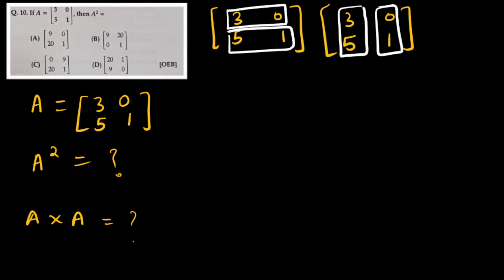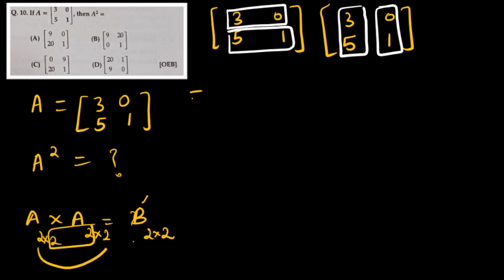Here if you see their order, A's order is 2 by 2, again 2 by 2, so the middle ones are same, that means multiplication is possible. The outer ones will give us the order of the resultant matrix. So 2 by 2 is the order of the resultant matrix. Suppose B is the resultant matrix, its order is 2 by 2.